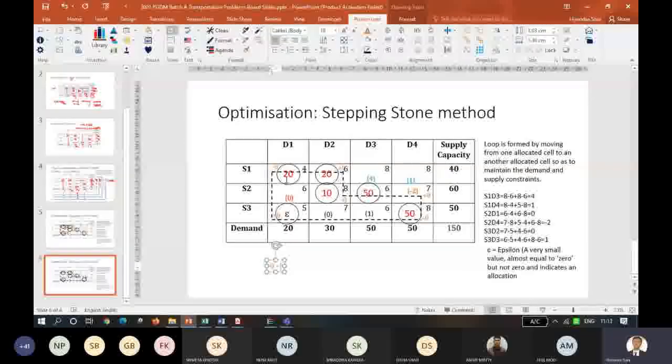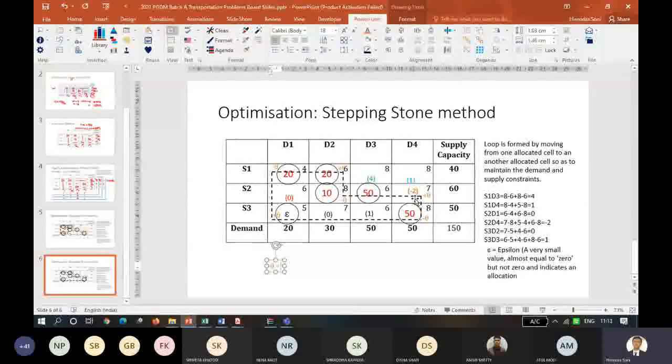This becomes 20 minus 10, so 10. What about this? 20 plus 10, so this becomes 30. 10 minus 10 becomes 0. And 10 will get added here. That is how it will get reallocated.